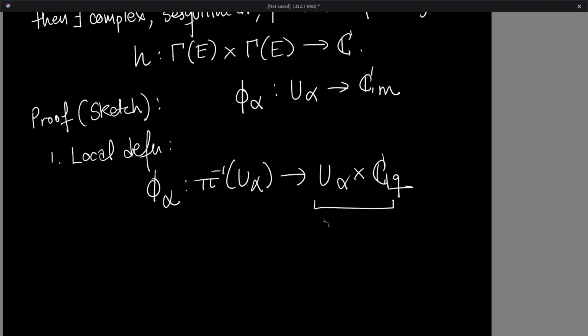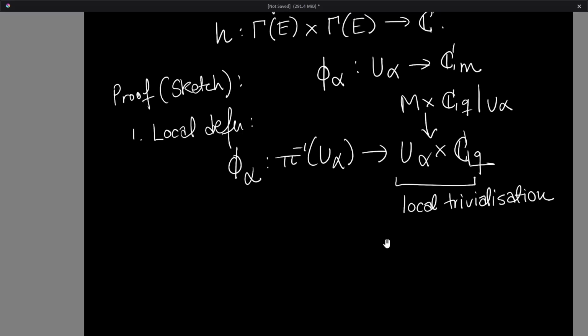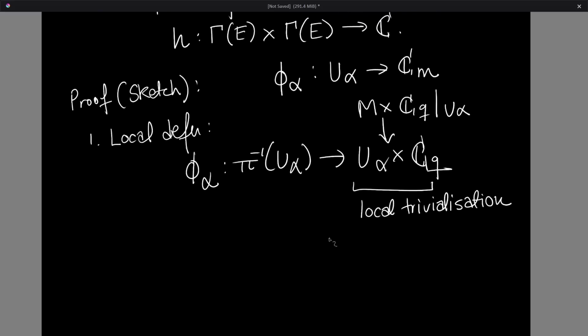But that's called a local trivialization. I only recently realized why it's called a local trivialization, because this is the local section of the trivial bundle. The trivial bundle is the bundle that looks like M cross C^q. And if you restrict that to U alpha, then you get this. That's why it's called a local trivialization.